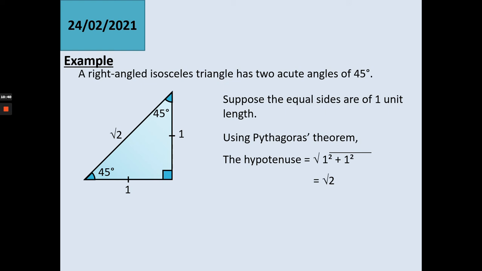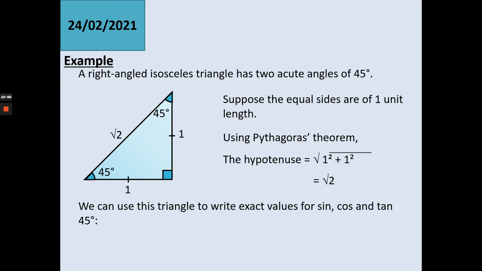So we now have all the angles we know and all the sides we know, and we can use this to work out our exact values for 45, okay? So let's think about our SOHCAHTOA. We've got sine, cos and tan of 45. So the SOHCAHTOA is the opposite divided by the hypotenuse, okay? So the sine of 45 is going to be 1 over root 2, because both of the short sides are 1, and our long side, our hypotenuse, is root 2.